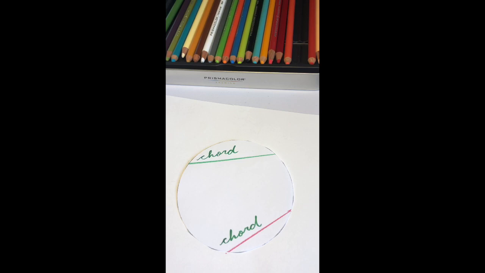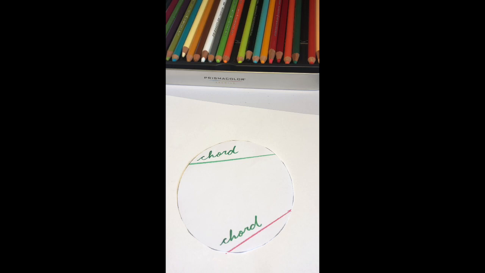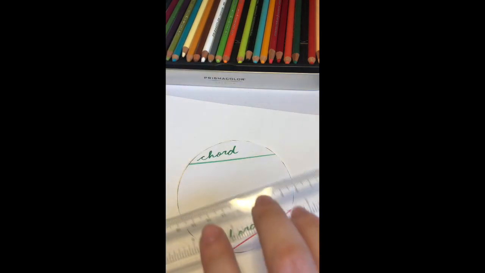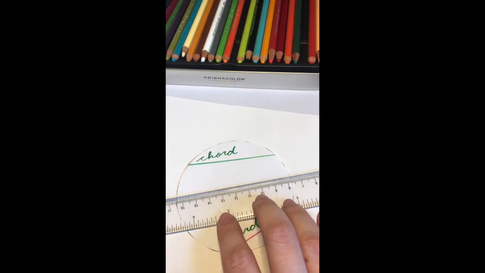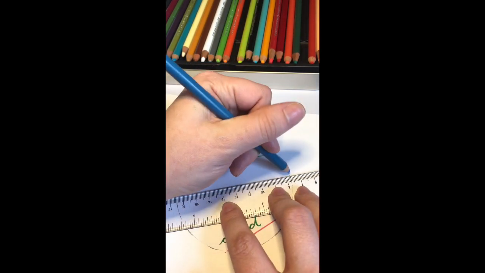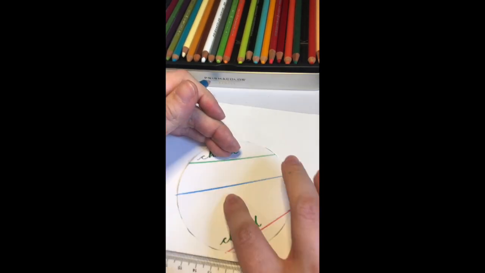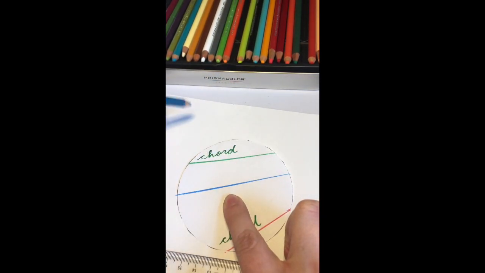Now, this next chord, I think I'm going to use blue. So I have my blue, and I'm going to go through the center of my circle.